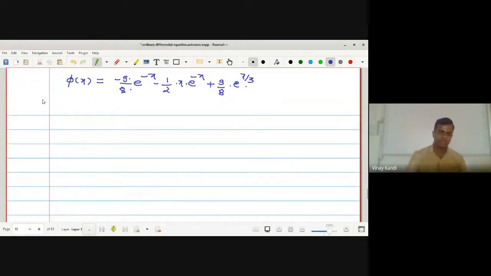Okay, look at here. The next point is non-homogeneous equation, linear differential equation of order n. The next point.